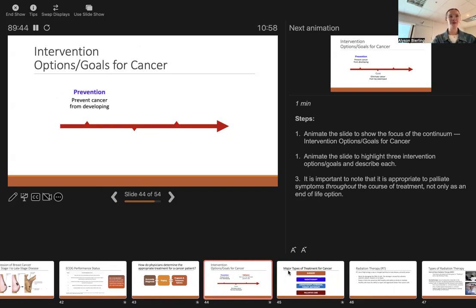Okay. So when we think about each patient, it's really important to understand what is the goal when we're treating a patient with cancer. Is the goal to prevent cancer? So this would be all of us in this room.